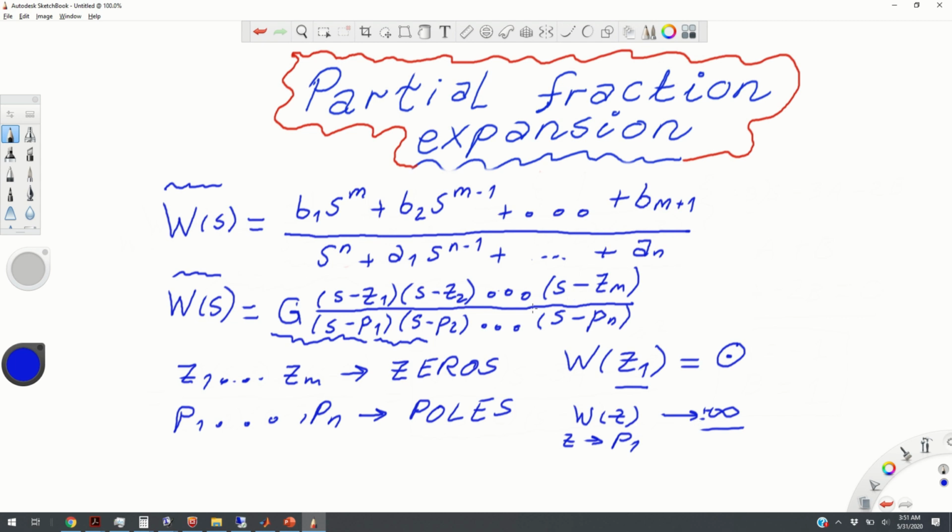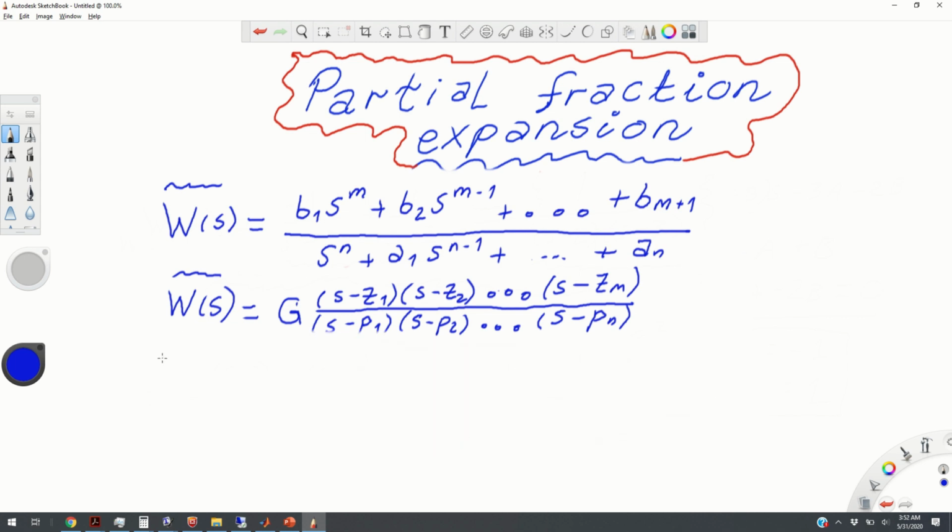I don't want to go into more details in this video. So we have to remember: zeros are zeros of the function, and the poles are values for which this function is not defined or it reaches plus or minus infinity.